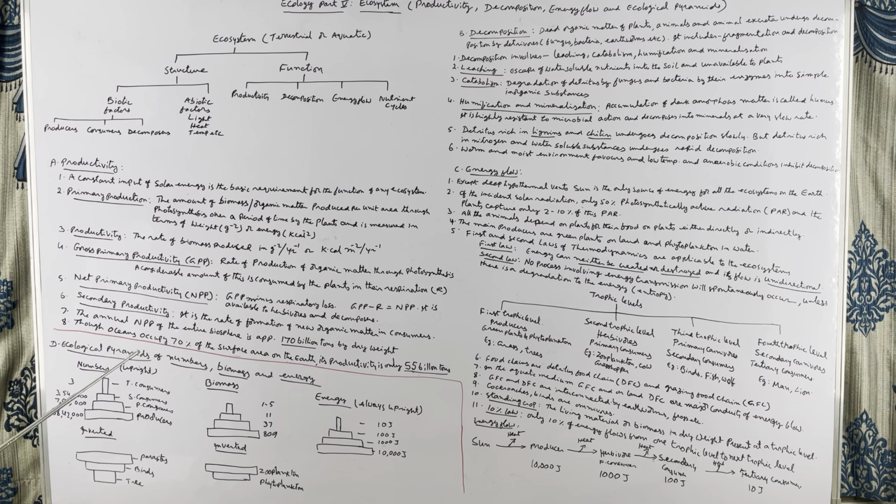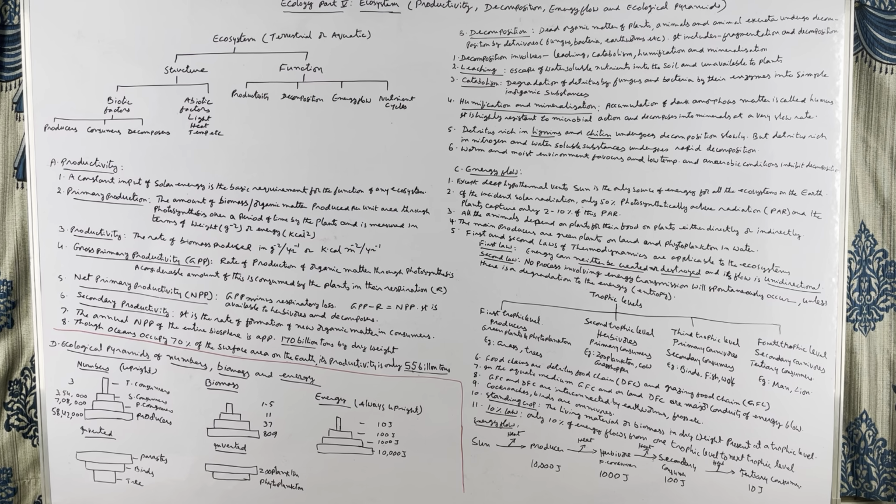Then, how much net primary production is there in the entire biosphere? Scientists have estimated roughly 170 billion tons of biomass, or the annual net primary production of the entire biosphere per year is 170 billion tons, and this is always taken in the form of dry weight.